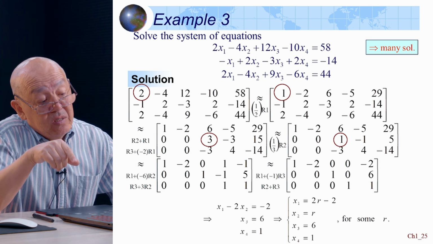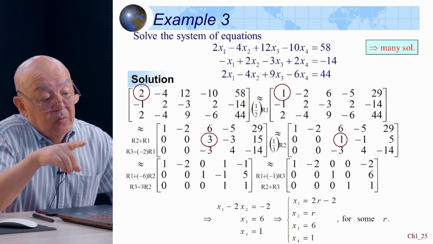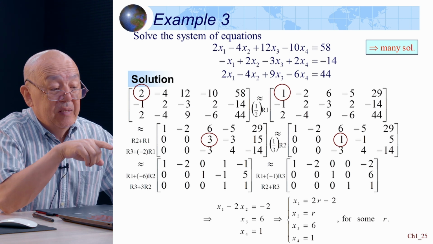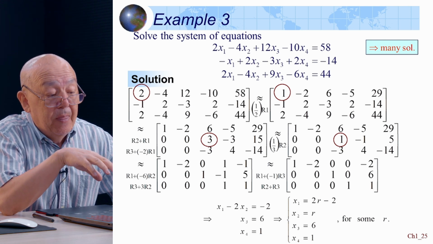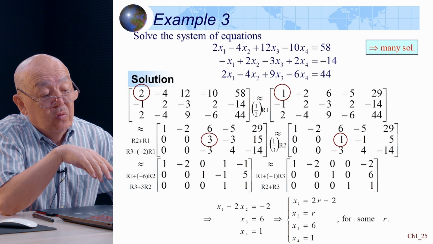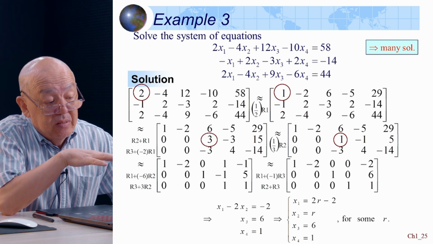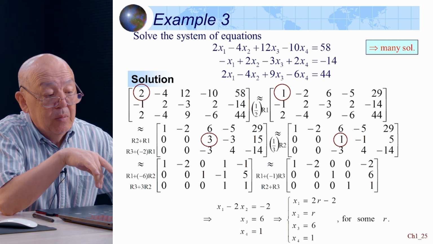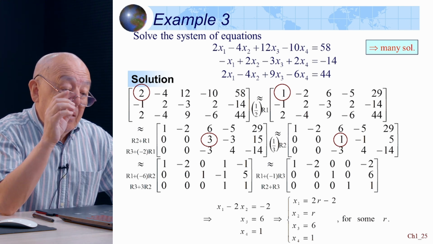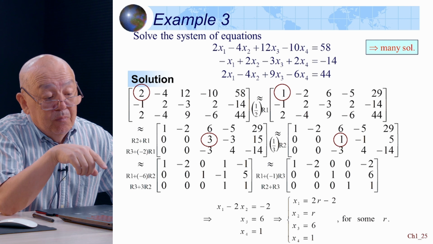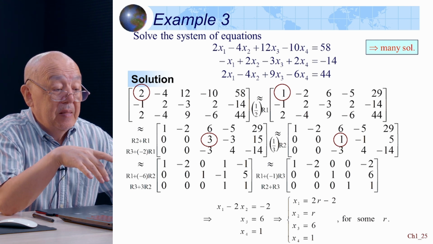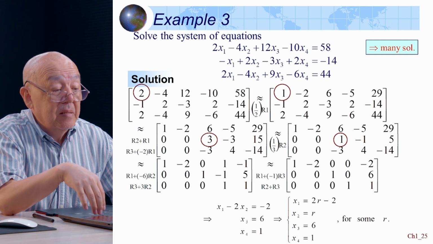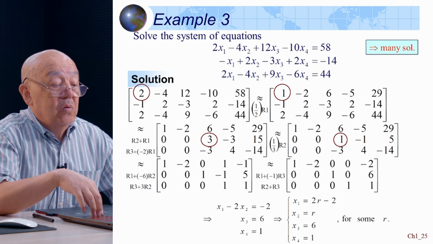So when you move this minus 2x2 to the right side, you change sign and you get this. x1 is 2r minus 2, x2 is r, this is the free variable, x3 is 6, x4 is 1. Again, because r may take any real value, this system has infinitely many solutions.